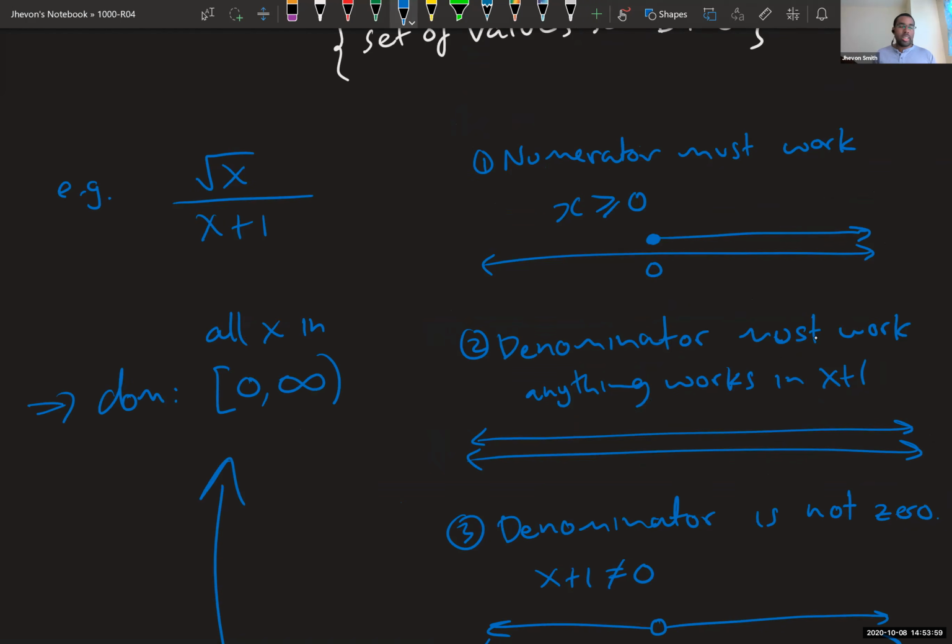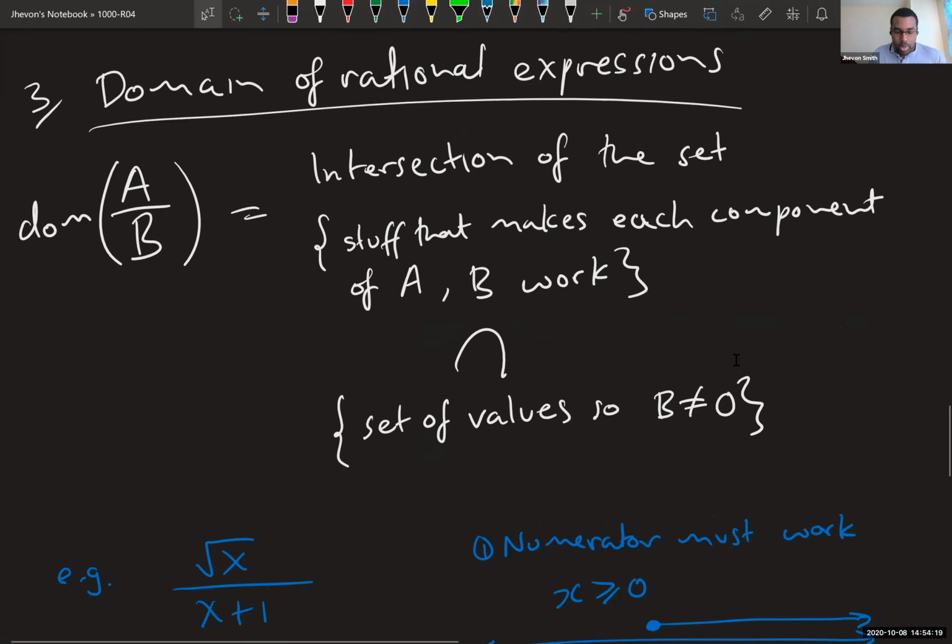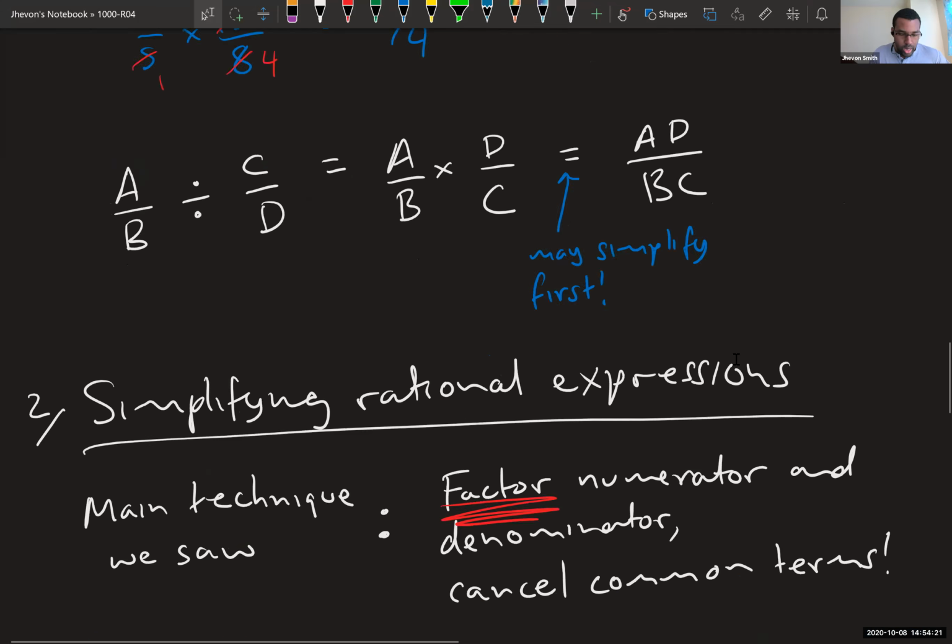So for rational expressions, you need to make sure the denominator is not 0, but you also need to make sure that all the individual components work otherwise. If I only worried about where this was not 0, I would just say x cannot be -1. But it turns out there are more things that x cannot be. So you just make sure that you're considering that. But domains is something we've discussed a couple times now, so I won't go more into that at this point.